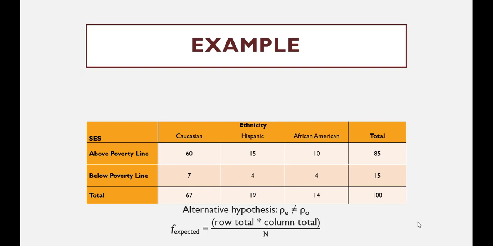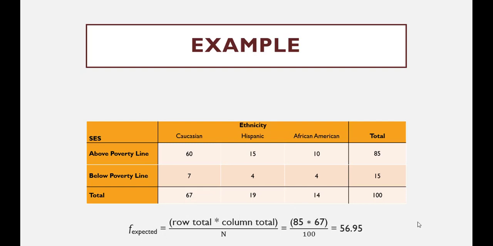So if those individuals were evenly distributed, so if 85% of the total Caucasians were above the poverty line, what number would we expect? And then we divide by the total number of individuals in the whole sample. That's 100. And so that tells us if there was an even distribution, right? If the expected frequency was equal to the observed frequency, then we should see that it would be 56.95.